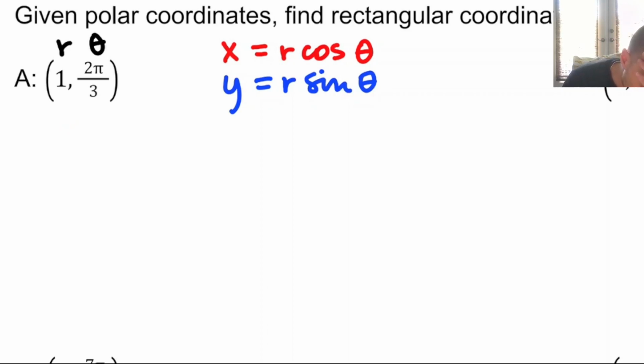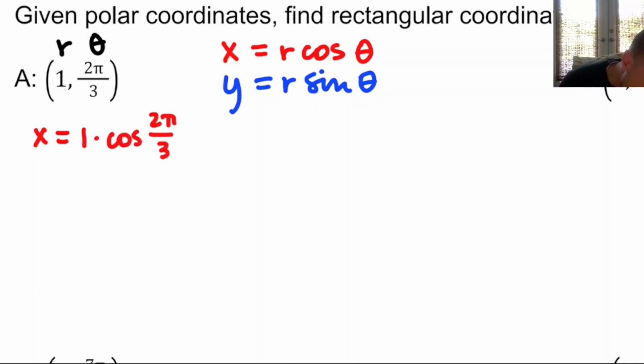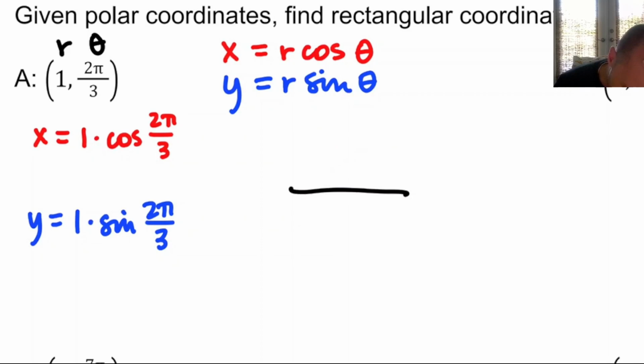All right, so x equals 1 times the cosine of 2 pi over 3, and y is going to equal 1 times the sine of 2 pi over 3. Okay, then I'm going to draw a trig diagram for 2 pi over 3.